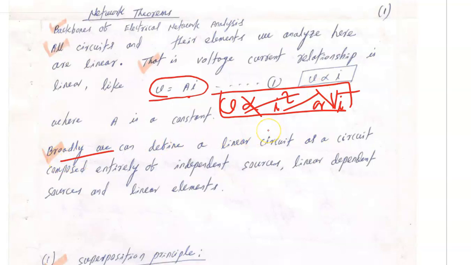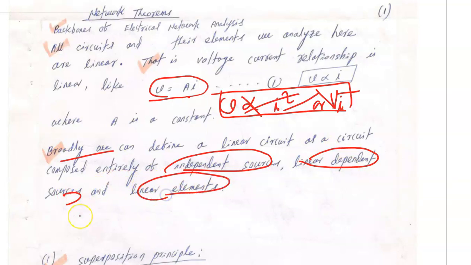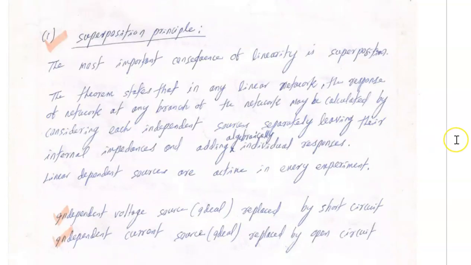Broadly, we can define a linear circuit as a circuit composed entirely of independent sources, linear dependent sources, and linear elements. Linear dependent sources I have already discussed in the network basics. First, we are going to discuss the superposition principle or superposition theorem.